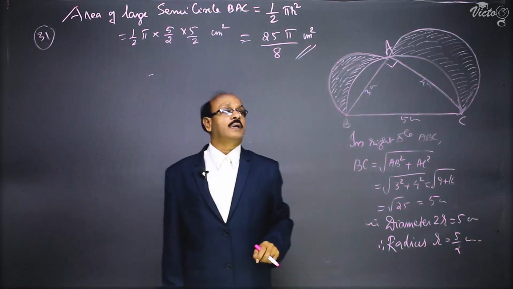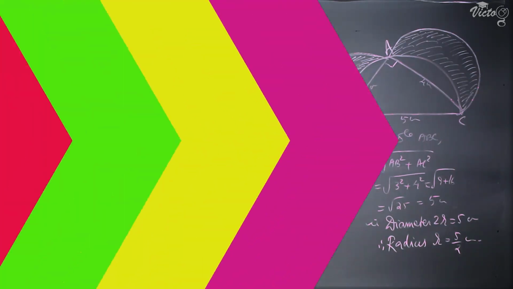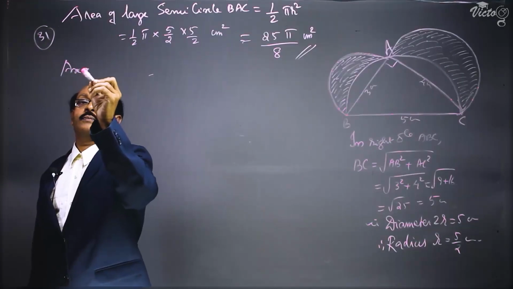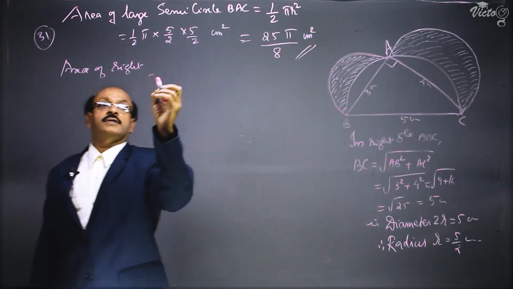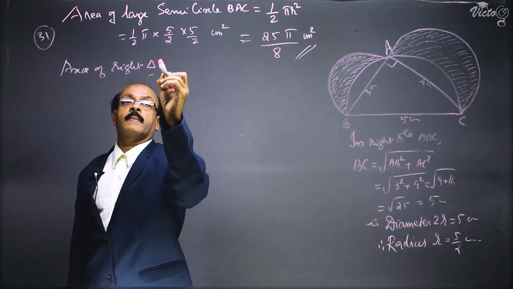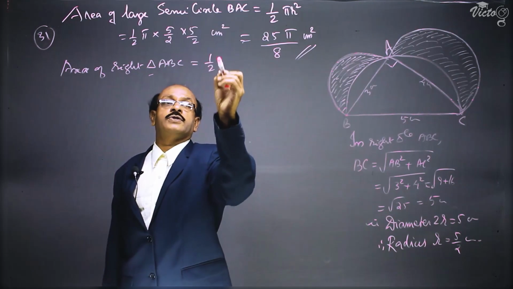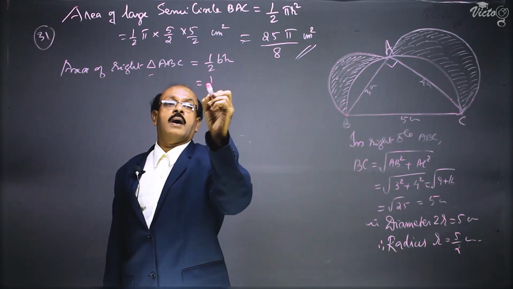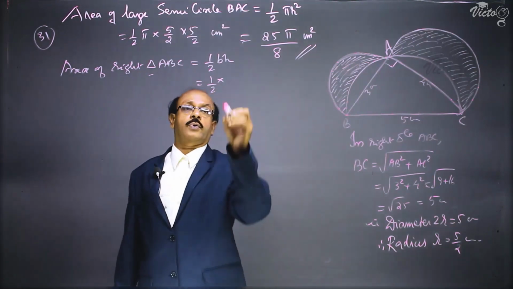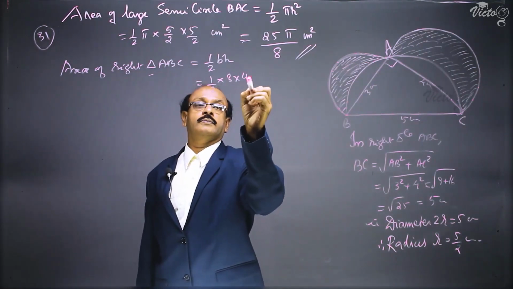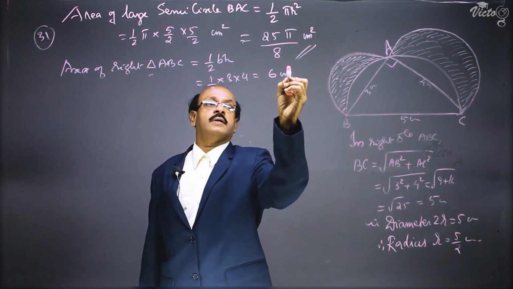So we are going to find the area of the right triangle ABC, which is equal to half into base into altitude, half into 3 into 4, which is equal to 6 centimeter square.